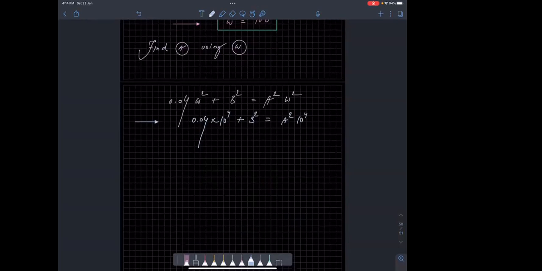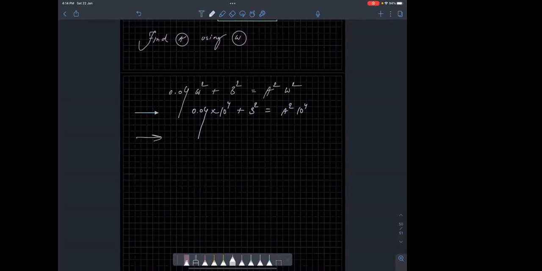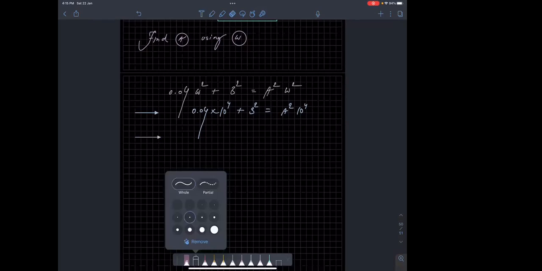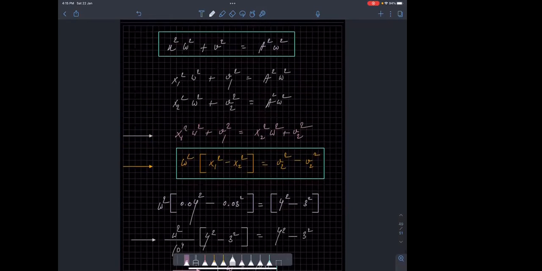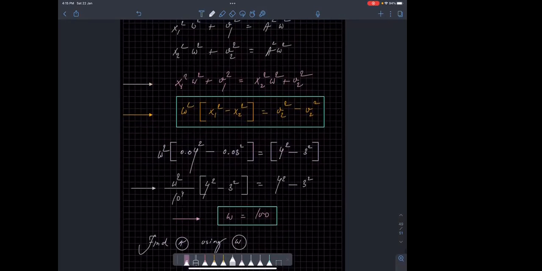What will you get on the left hand side? 0.04 into 10 power 4 is 40, no, 400. Is it 400? Okay, 400 plus 9 equals a square into 10 power 4. Is it correct? x1 square. Okay, I didn't write square here.